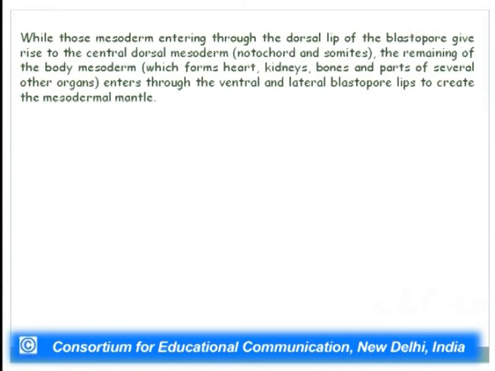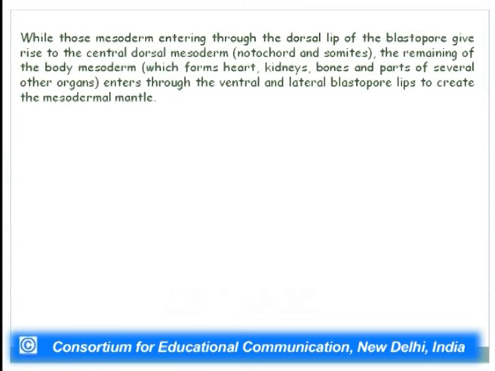The mesoderm entering through the dorsal lip of the blastopore gives rise to the central dorsal mesoderm, the notochord and the somites, while the remaining body mesoderm enters through the ventral and lateral blastopore lips to create the mesodermal mantle.